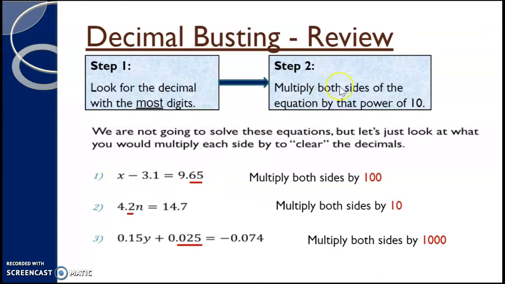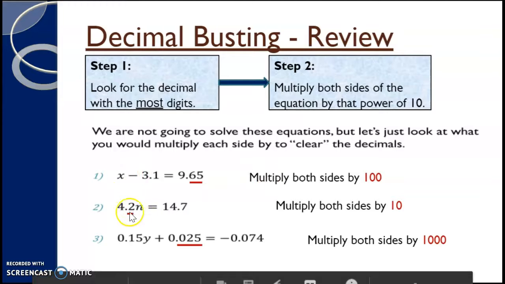So we're multiplying both sides of the equation by a power of 10. Powers of 10 means numbers like 10, 100, 1000, 10,000, and so on, depending on how many decimal places you have. Let's look at this one.